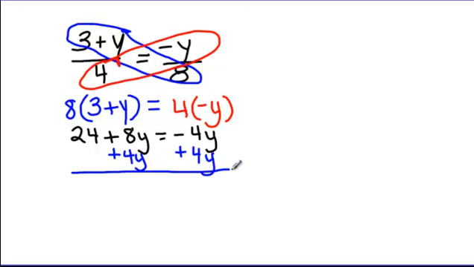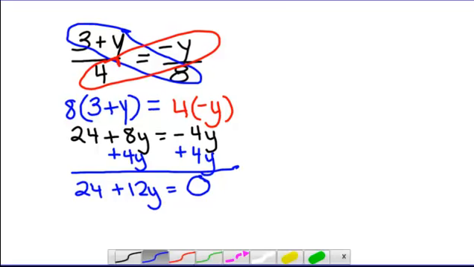So that gives me 24 plus 12y is equal to what? 0. And lots of common error here. We forget that this really equals 0. Now, remember my last rule is that we have to get the numbers on one side and we have to get the variables on another side. So what needs to move?